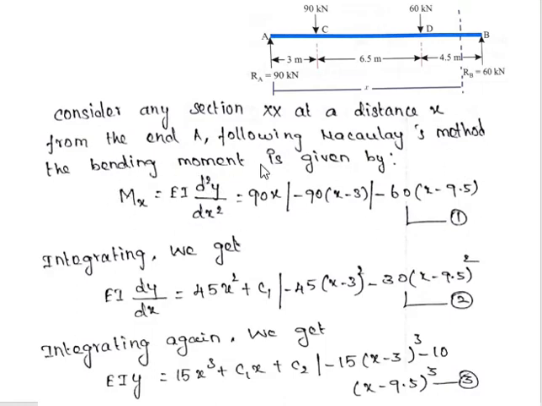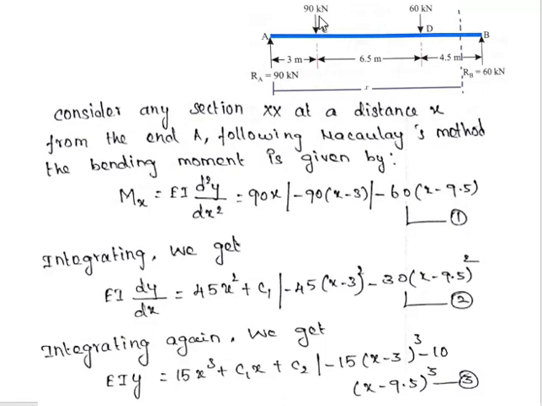Do carefully, students, this is the main equation to solve the remaining steps. So I will tell this step again. RA equal to 90 kilonewton acting upwards, so it is positive. So 90 into the total distance from the x dash, the section is x, an unknown value. So 90 into x.